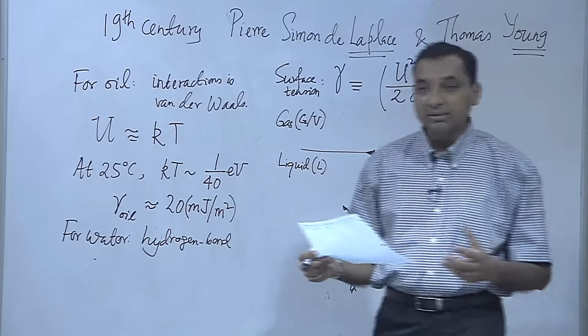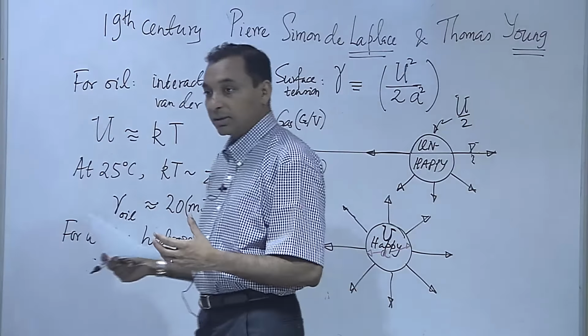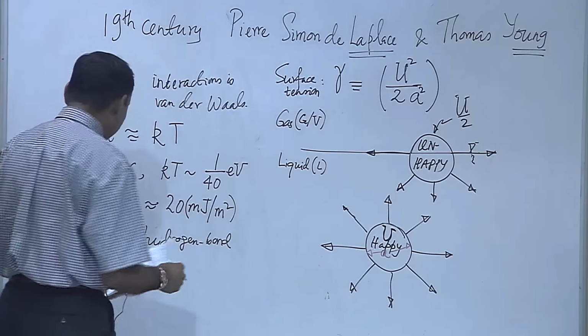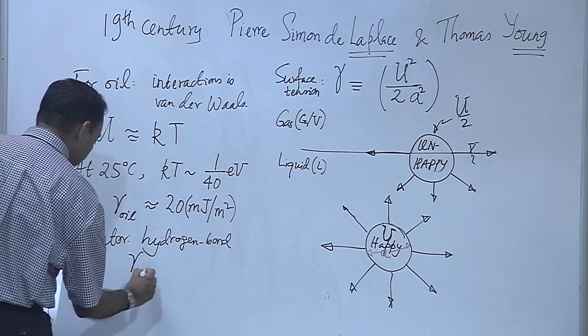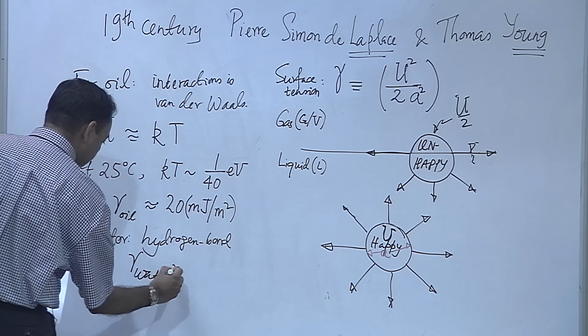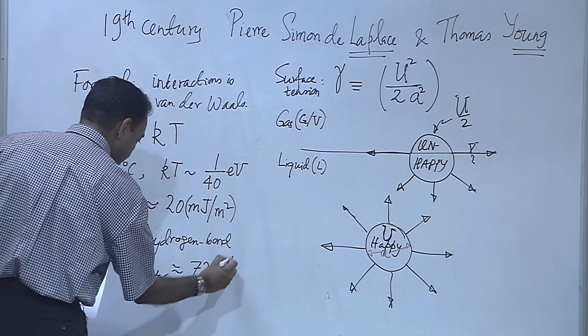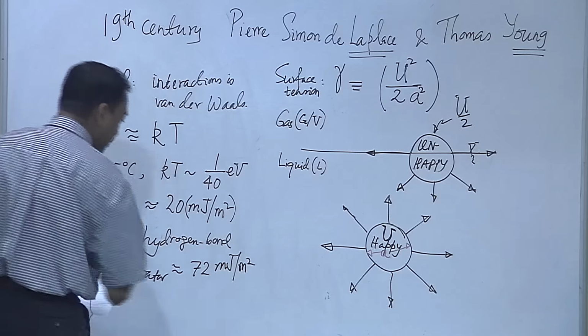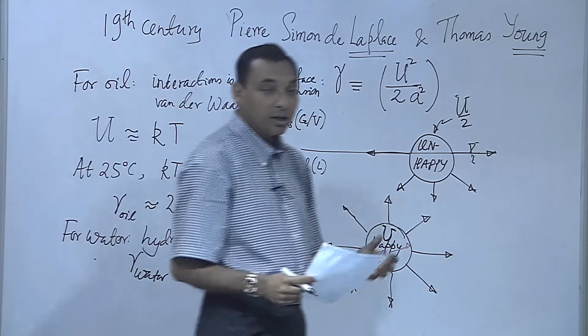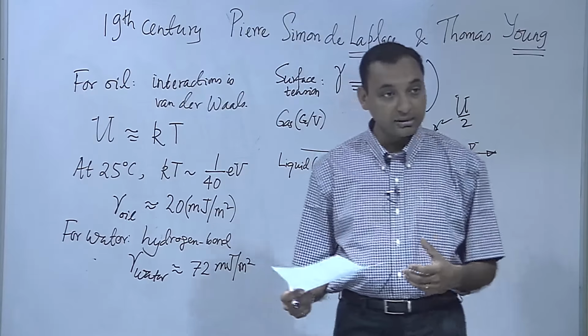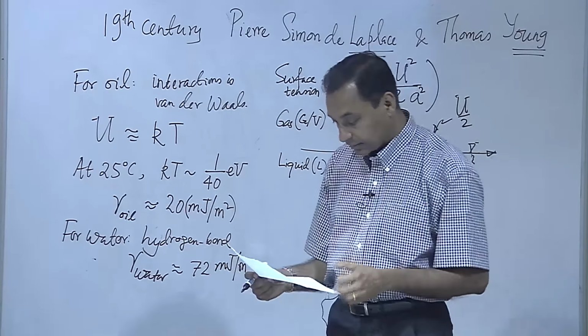So I expect the cohesion energy is large, and I can expect my gamma for water would be somewhere around 72 millijoules per meter square. Because of the hydrogen bonding, the energy is larger, 10 times kT.